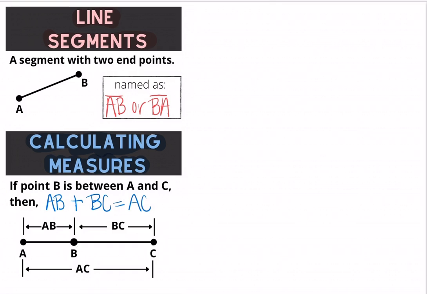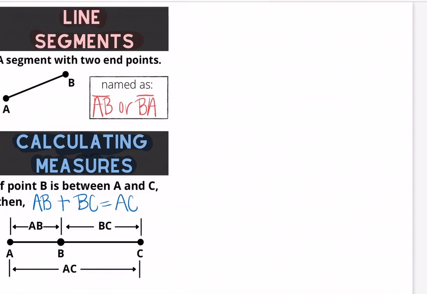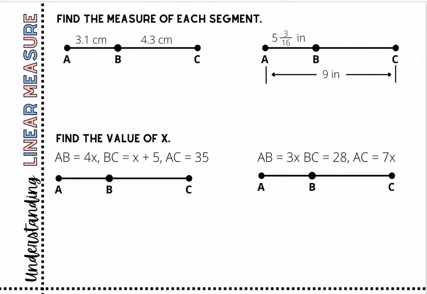Now let's look at how we can apply that relationship, because that's the relationship we're working with this whole lesson. The first thing we're going to do is find the measure of each segment, applying AB plus BC equals AC. The two parts added together equal the whole.